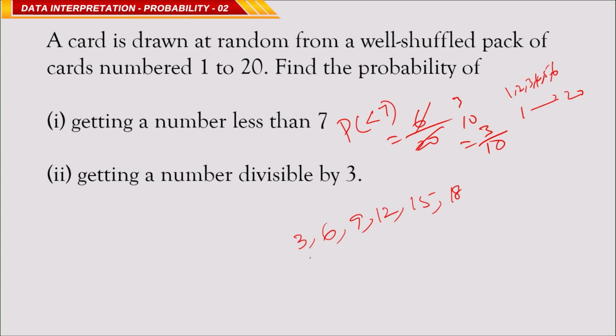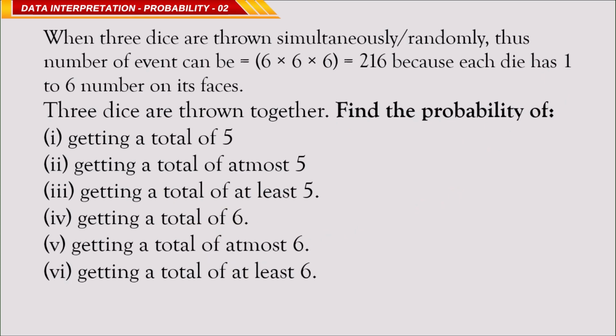So, what are the favorable outcomes? 1, 2, 3, 4, 5, 6. So, favorable outcomes is 6 and total outcomes is 20, correct. So, the probability of getting a number divisible by 3 is 6 by 20, simply 2 3s, 2 10s, which means 3 by 10 is the answer, clear. In this manner you can calculate it. This is a very important, very simple concept. Now, shifting to the next.